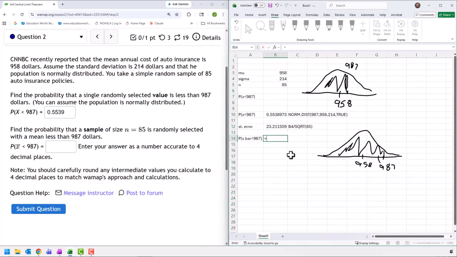And we're still doing the same kind of thing. We have a normal distribution. 987 is still the number that's interesting. The mean is 958. Now the standard error replaces the standard deviation. And notice we get a little bit different value for this.